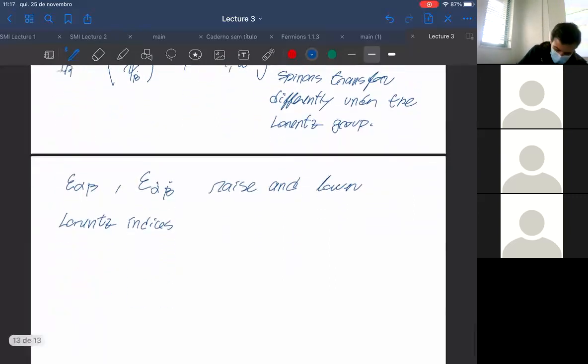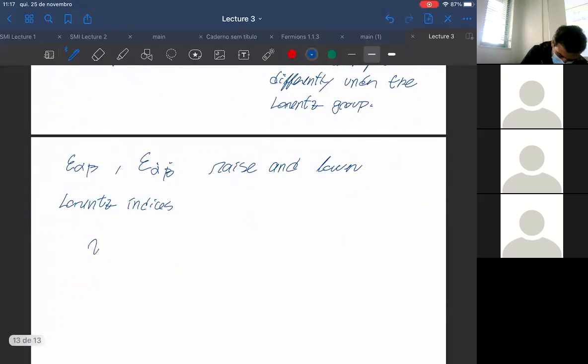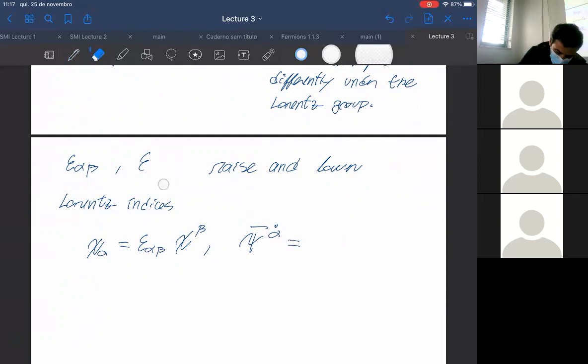For example, if you have a certain spinor chi alpha, this is the same as epsilon alpha beta chi beta, or if you have some psi bar alpha dot, this is equal to epsilon alpha dot beta dot psi bar beta dot. Typically if you write one index up, you should write the other one down.